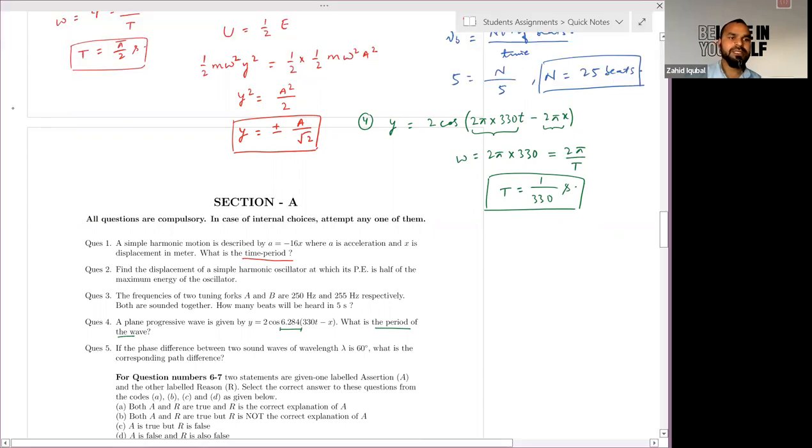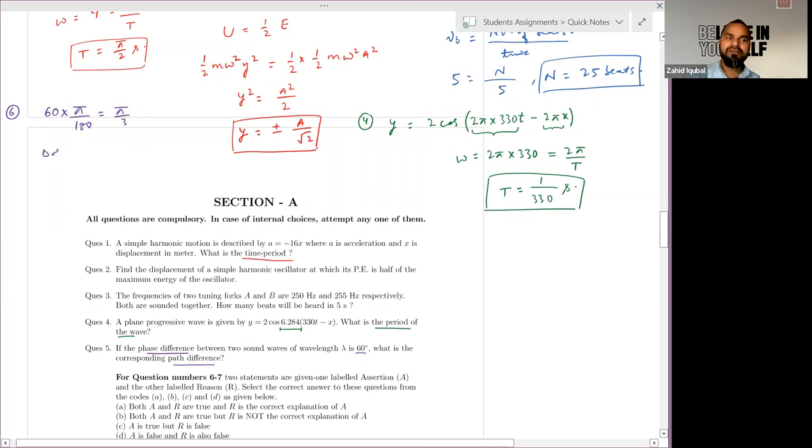Next, question number 6. We have to calculate the phase difference for λ, it is 60 degree, then find the path difference for this part. So first convert this particular angle into radian. 60 degree multiplied by π/180 to convert into radian. So you'll get π/3.